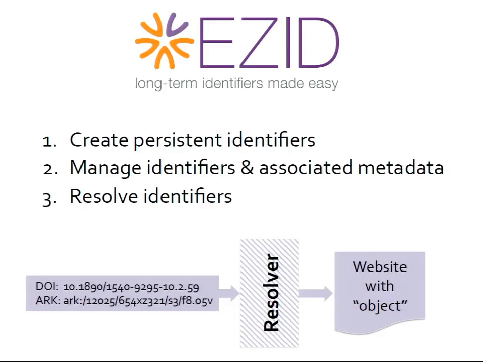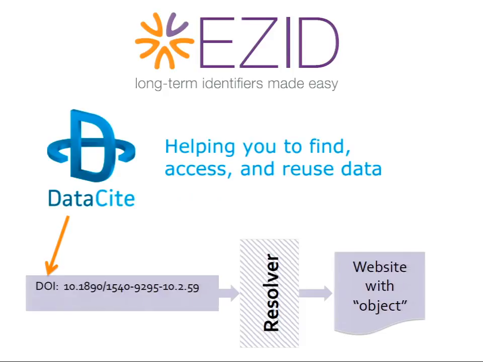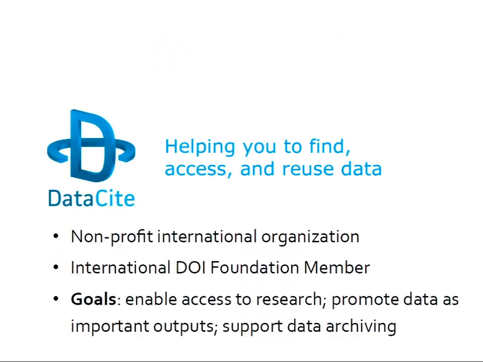I'm sure none of this is necessarily news to the publishing community. Our DOIs come from DataSite. CDL is a DataSite member, and the DOIs that we have are affiliated with the DataSite organization. DataSite, if you're not familiar with it, is a nonprofit international organization, and it's an International DOI Foundation member, which means they have the ability to give out DOIs.